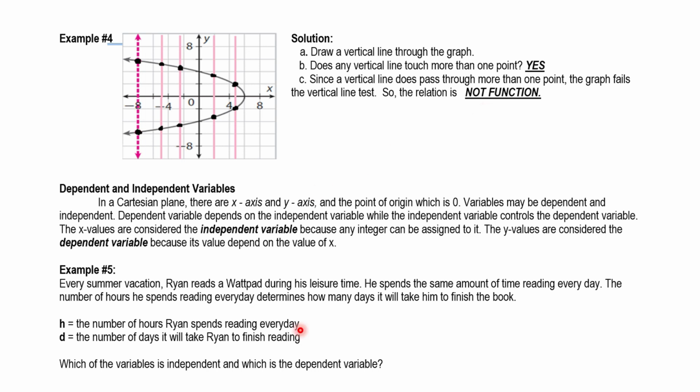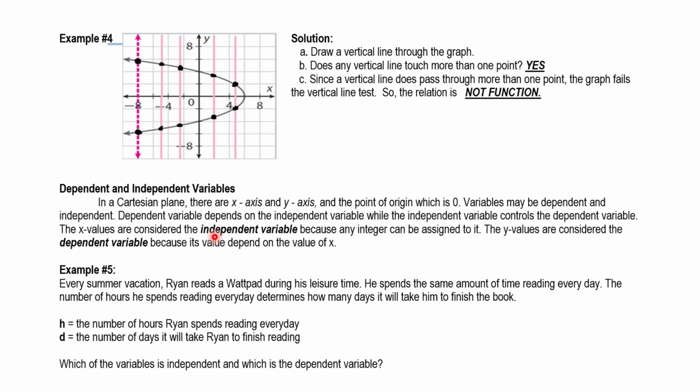Okay, last topic for quarter 3, dependent and independent variables. In a Cartesian plane, there are x-axis and y-axis and the point of origin, which is 0. Variables may be dependent and independent.